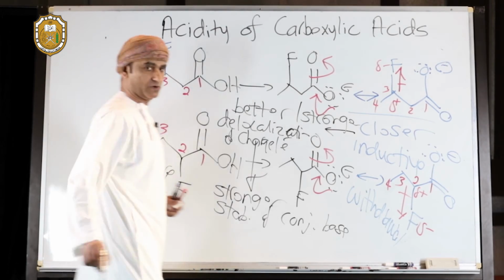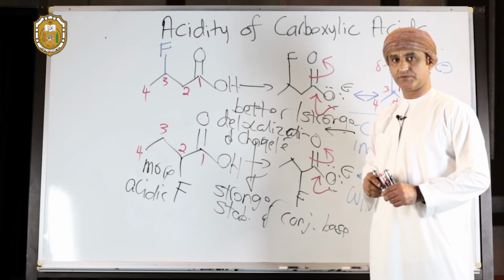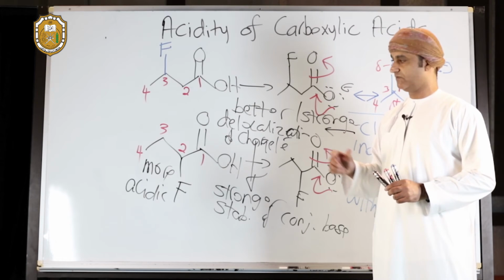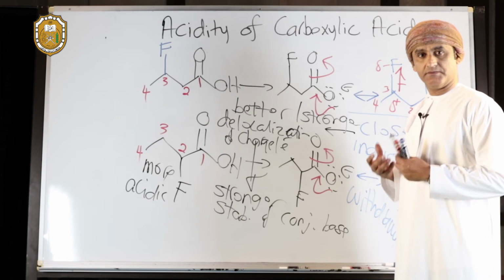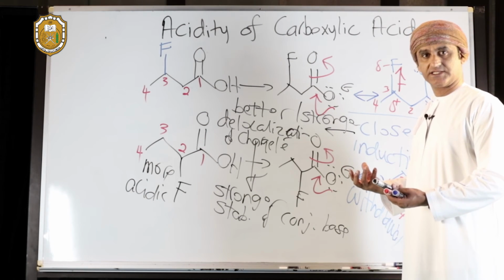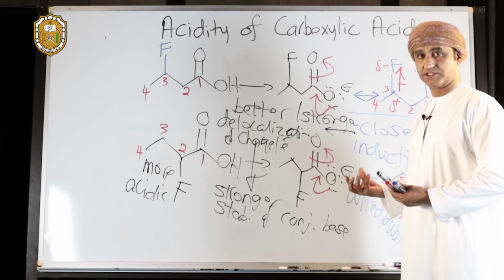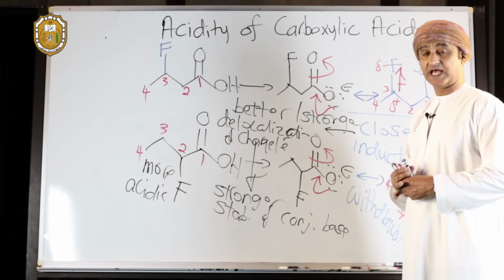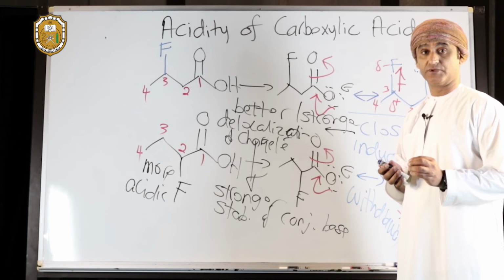2-fluorobutanoic acid is more acidic. 2-fluorobutanoic acid is more acidic than 3-fluorobutanoic acid. That's because of the stronger inductive effect, because of the closer distance between the electron withdrawing group and the carboxylate. So the point of this is actually the distance between the electron withdrawing group and the carboxylate unit.